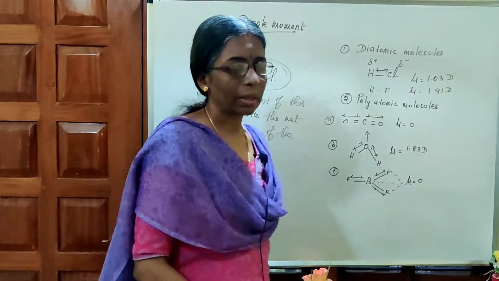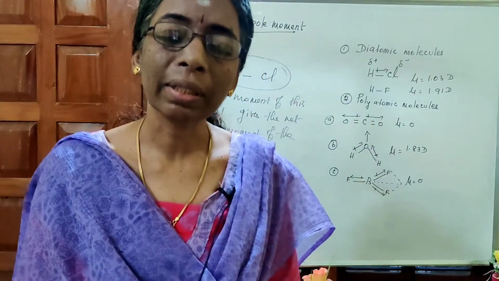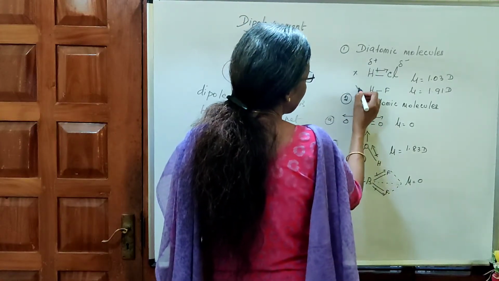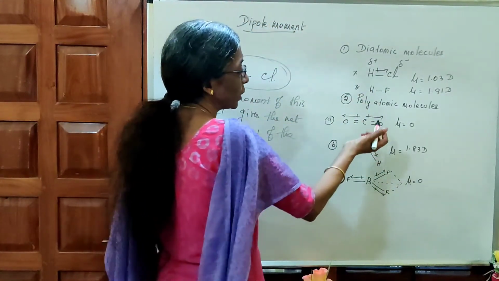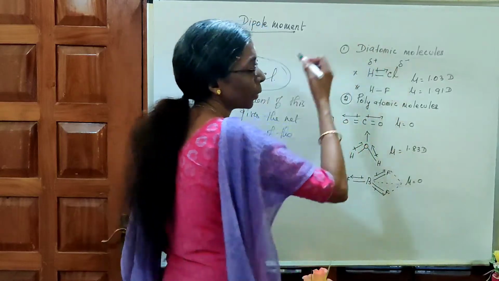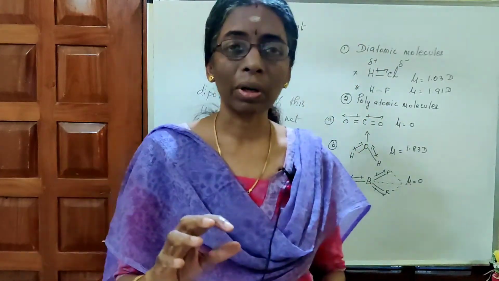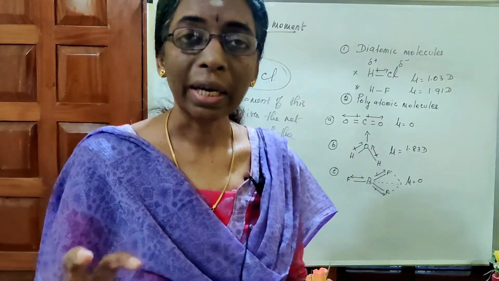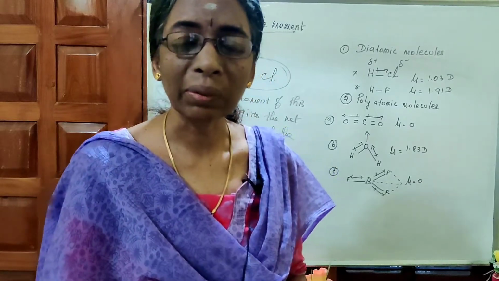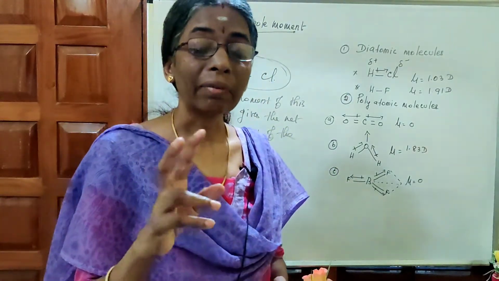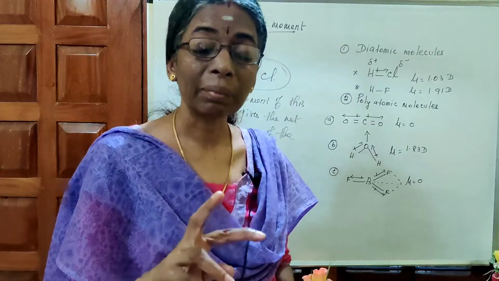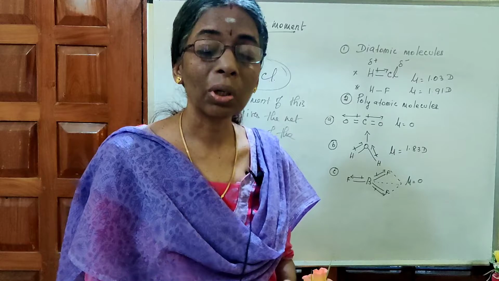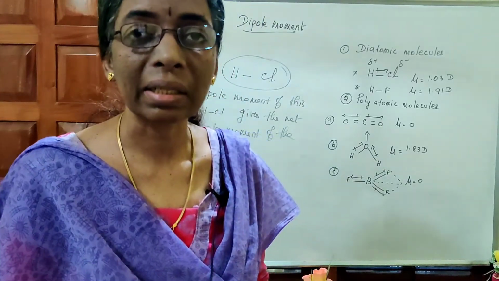Okay, the next one. A very important point: if you see HCl and HF, fluorine is more electronegative than chlorine. If the electronegativity difference between two atoms is more, then that bond or that molecule will have a greater dipole moment.